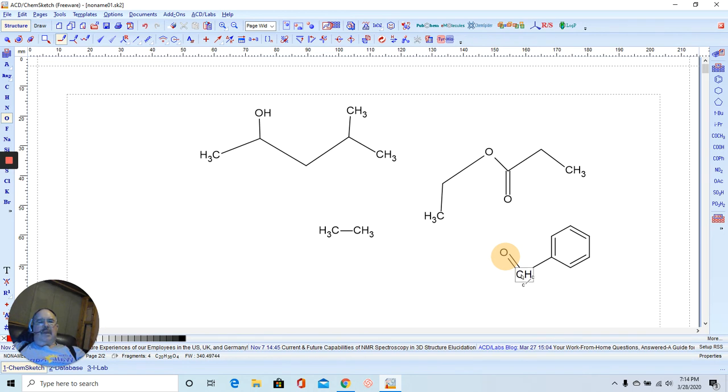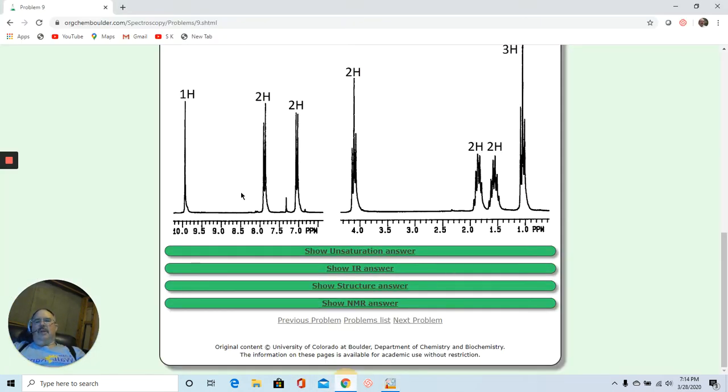This is the aldehyde hydrogen, directly attached to the benzene ring. If we look at the splitting pattern, it's a doublet and a doublet. The only way we could have that would be a para-disubstituted ring. This little peak right here is from the chloroform solvent. So this has to be para-disubstituted.